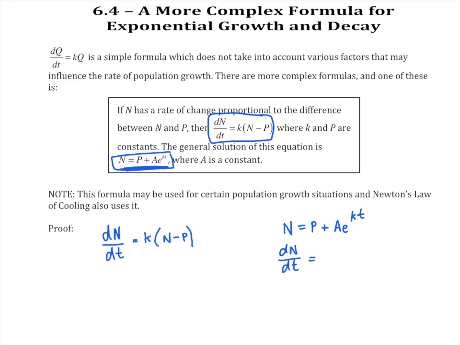The derivative of P gives 0. The derivative of Ae^(kt), this is a power of e. So when we're differentiating, we write down the derivative of the power, which in this case is k, and we multiply that by the question. And then we say this, and this is going to seem a bit strange, and we'll talk about it later.